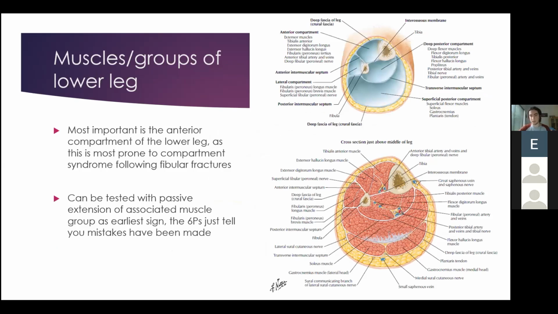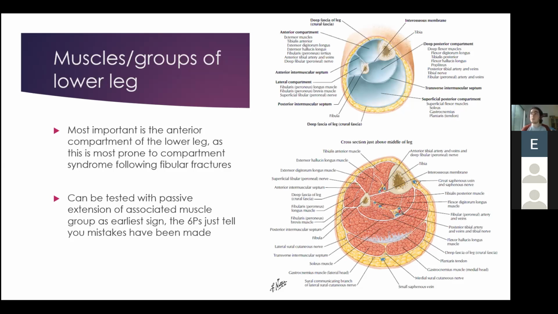This is the classic compartment that people get compartment syndrome in. I always thought it was in the thigh in pre-clin. I'm not sure why, but I found out this year that it's in fact in the lower leg. And so it's a good thing to know.